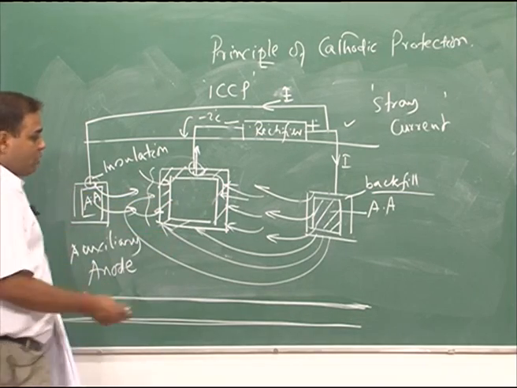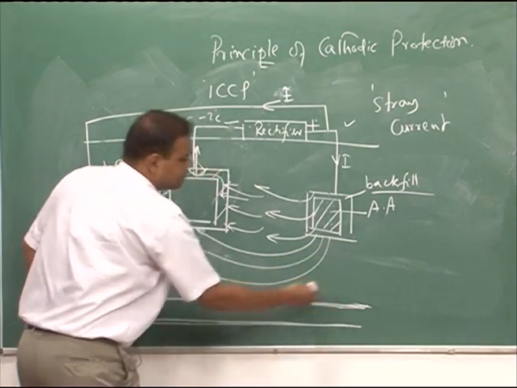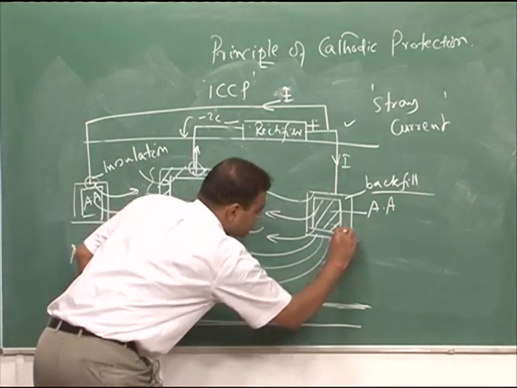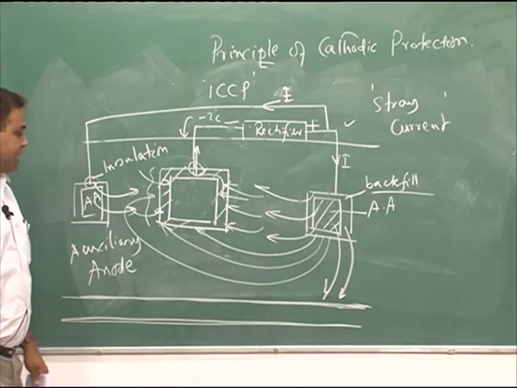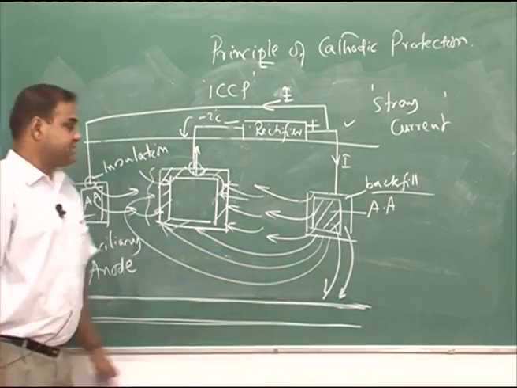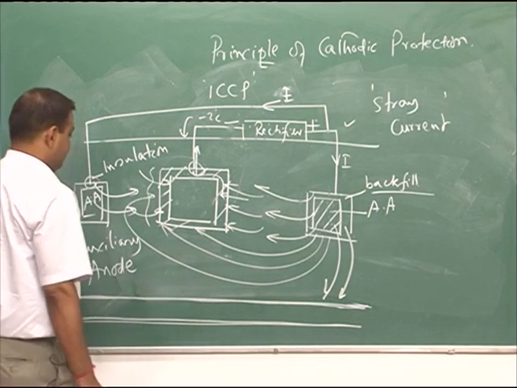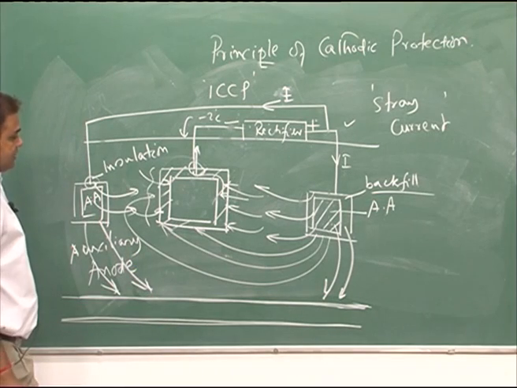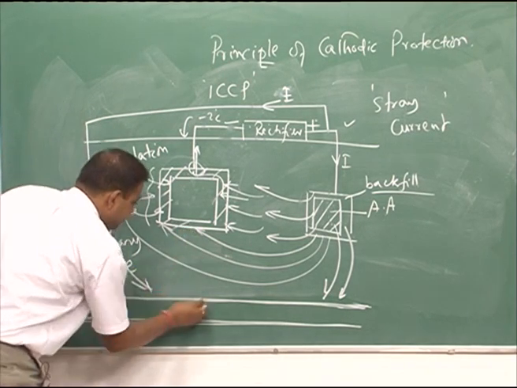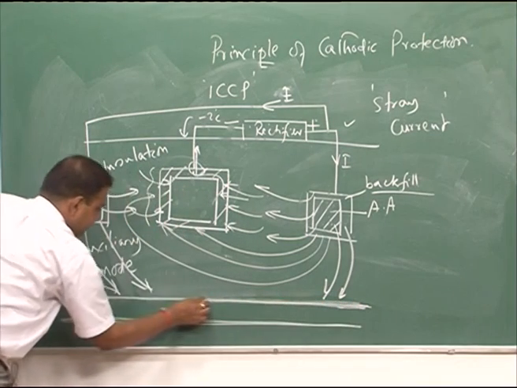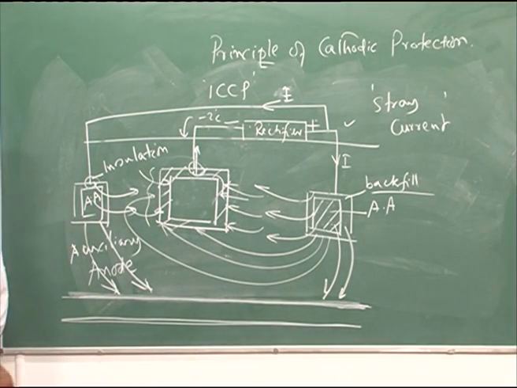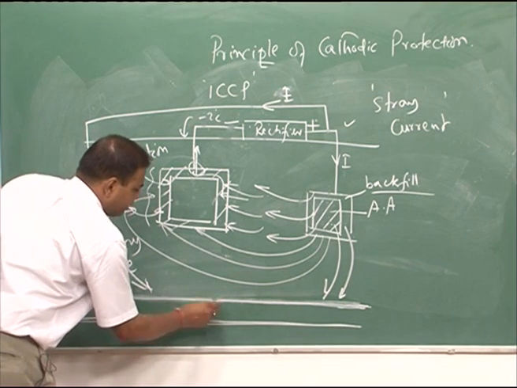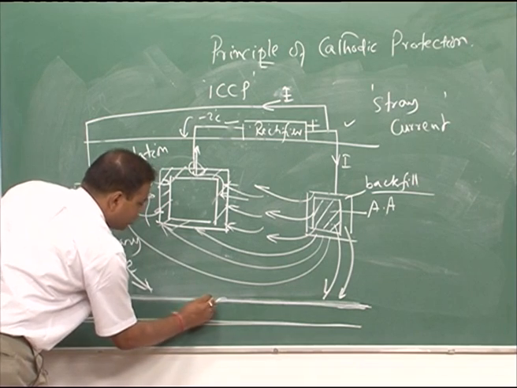What would happen? Once the current sees that there is another conductor passing through this system, it will also try to move into that conductor. So, if current enters into this pipeline, the current has to leave somewhere. Let us say this material is coated, and since it is buried, there could be a possibility that some part has no coating.